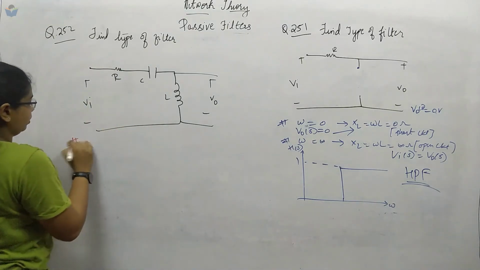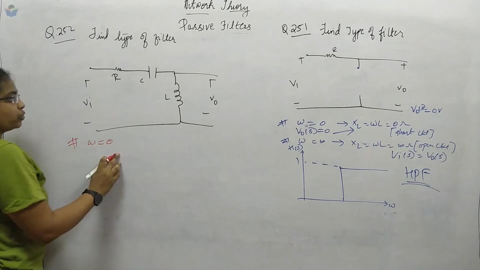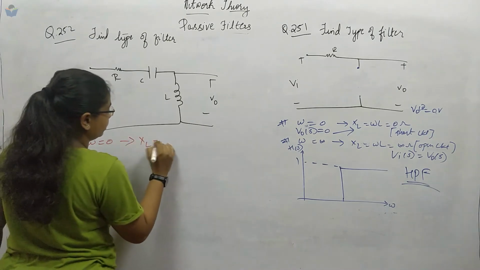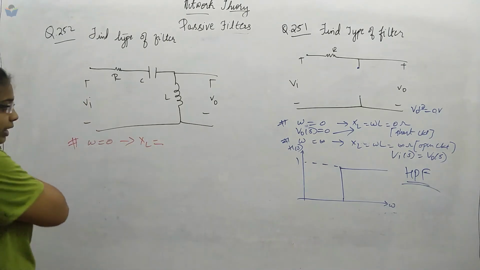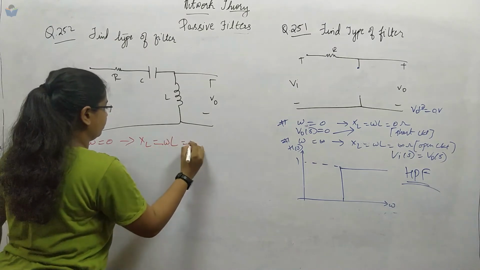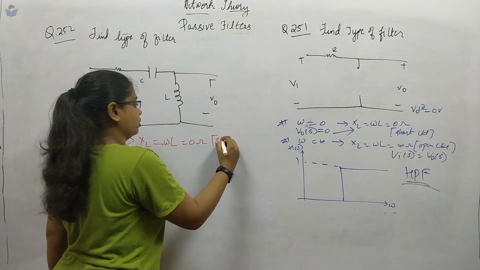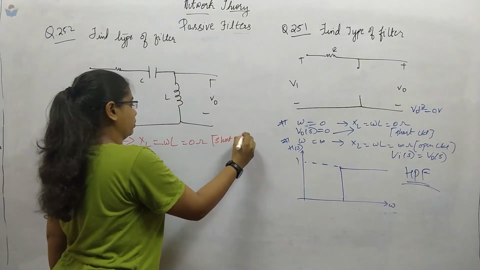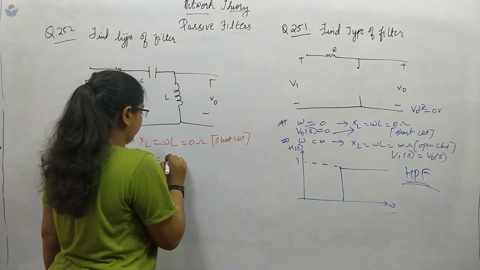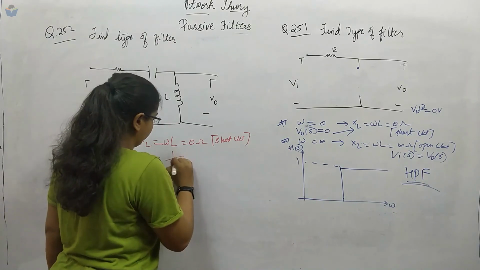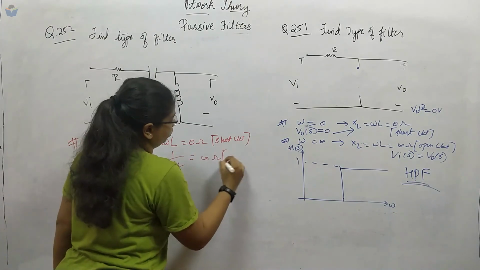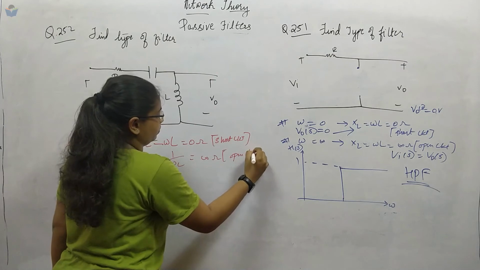Okay, coming to this one, we will analyze it for both. Omega equal to 0, XL equal to how much? Omega L, we have 0 ohms, right? So it is short circuit. What will be XC? 1 upon omega C, infinite ohm, open circuit.